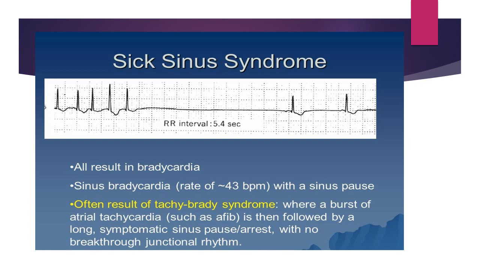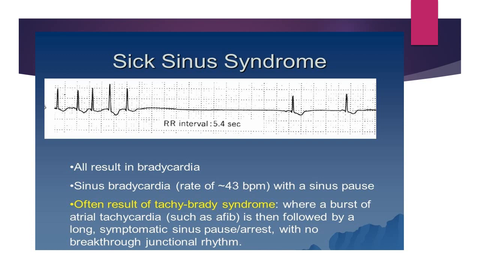Sometimes, as I told you, there is a fast heart rate to begin with, and eventually there is a big pause, meaning some kind of slowing down of the impulse, and then again it picks up, and again you see that the heartbeat is slowing down. In the beginning you can see that the R waves or the QRS complexes are quite close to each other.